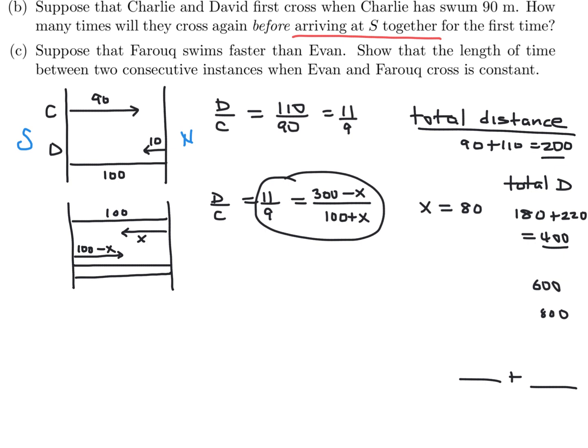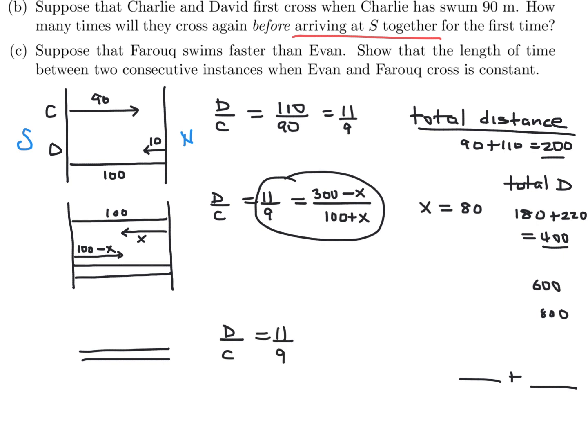Because you got to go there and back and then do that several times. And then we know that if their distances are a multiple of 200, whatever they are, then they also have to have a ratio of 11 over 9.